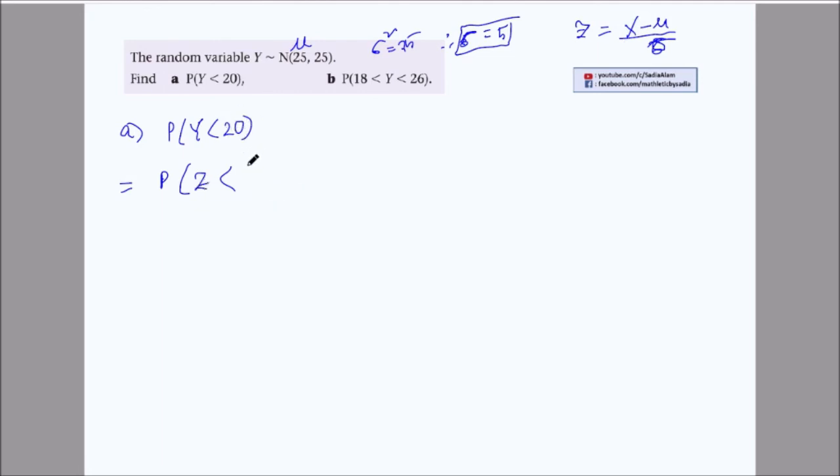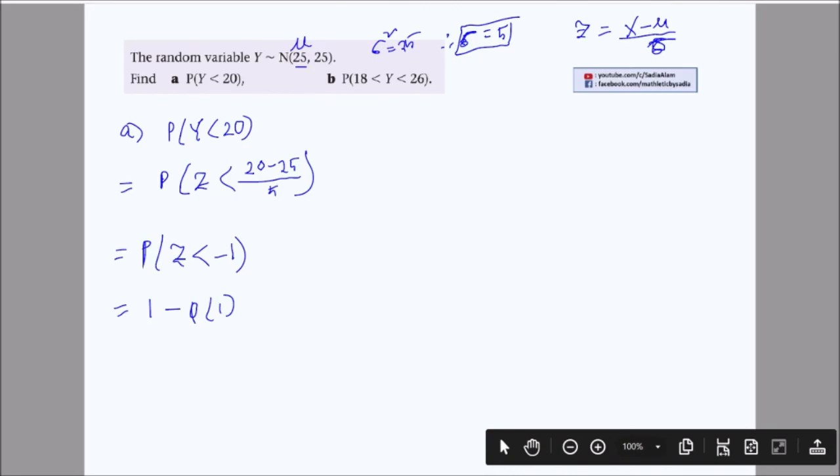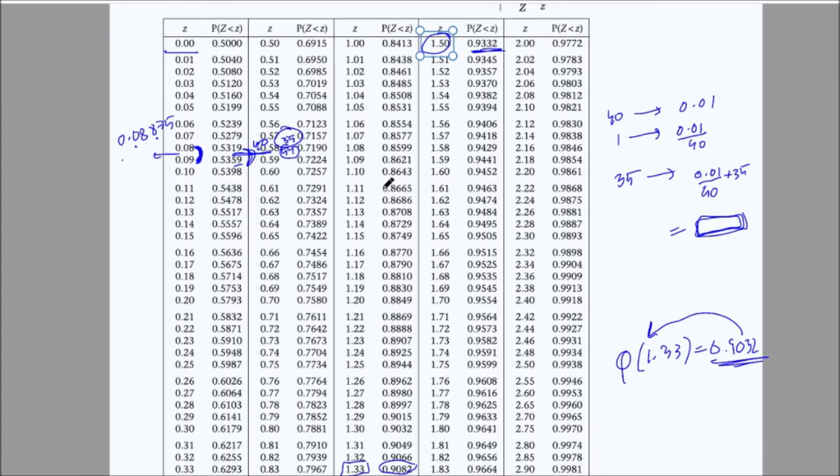So y is 20, so 20 minus mu, which is 25, and sigma, which is the standard deviation, is 5. So z less than minus 1, so this will be 1 minus phi of positive 1. Means z is 1. What is the probability, right? So z is 1. This is it. So probability is 0.8413.